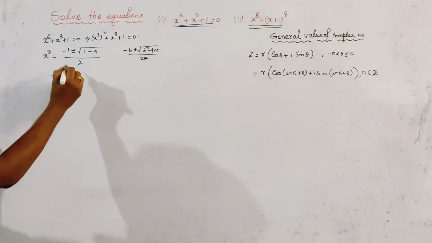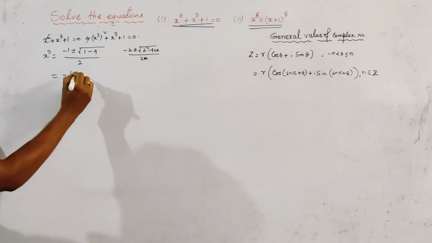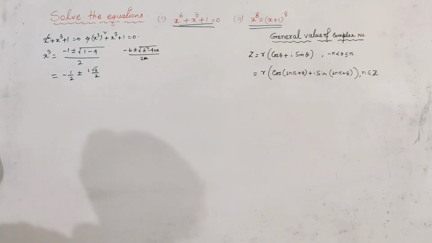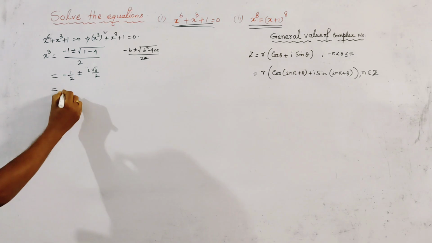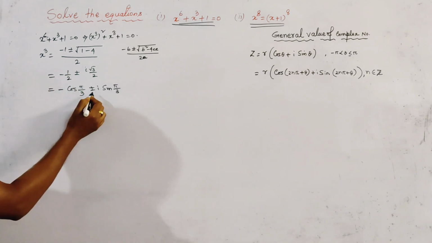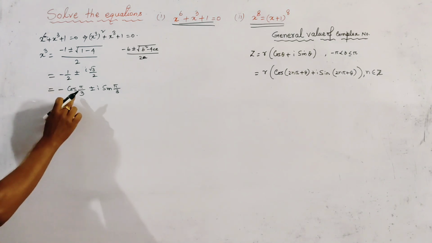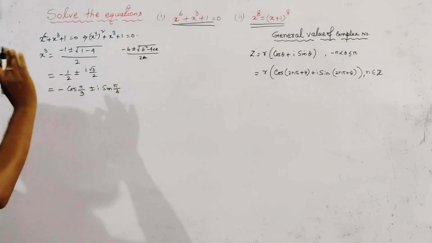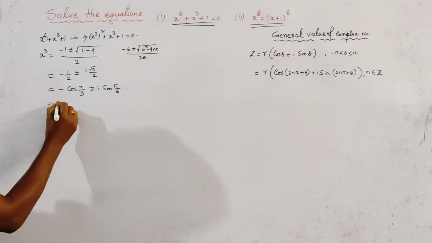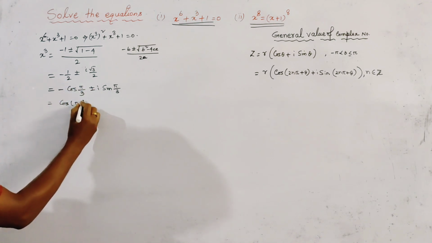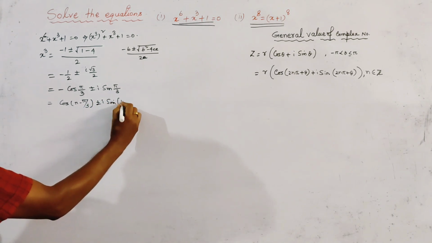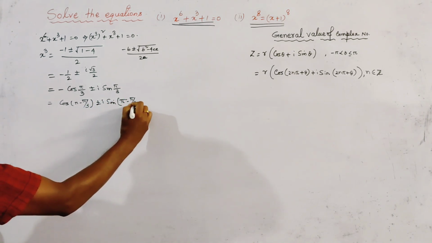And it is clear that x cube is given by minus 1 by 2 plus minus i root 3 by 2. Okay, and we write this in the polar form as minus (cos pi by 3 plus minus i into sin pi by 3), because cos pi by 3 is half and sin pi by 3 is root 3 by 2. Now we write this complex number as cos of (pi minus pi by 3) plus minus i sin of (pi minus pi by 3).